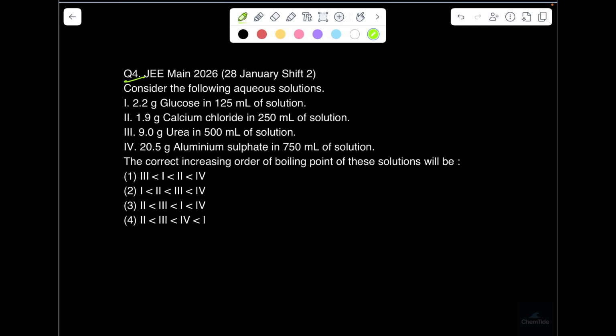Now question 4, 28 January shift 2. Consider the following aqueous solutions. 2.2 gram glucose in 125 ml of solution. So these values are given; what is the correct increasing order of boiling point of these solutions? So delta Tb would be equal to iKb into m.